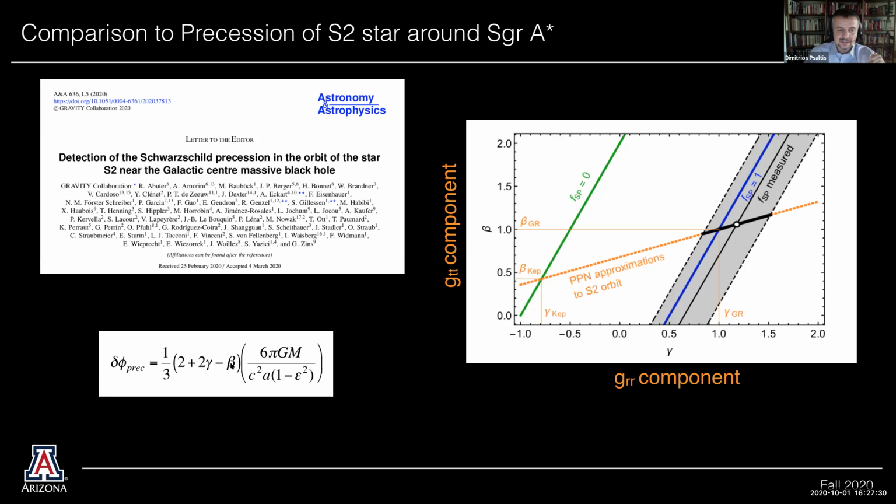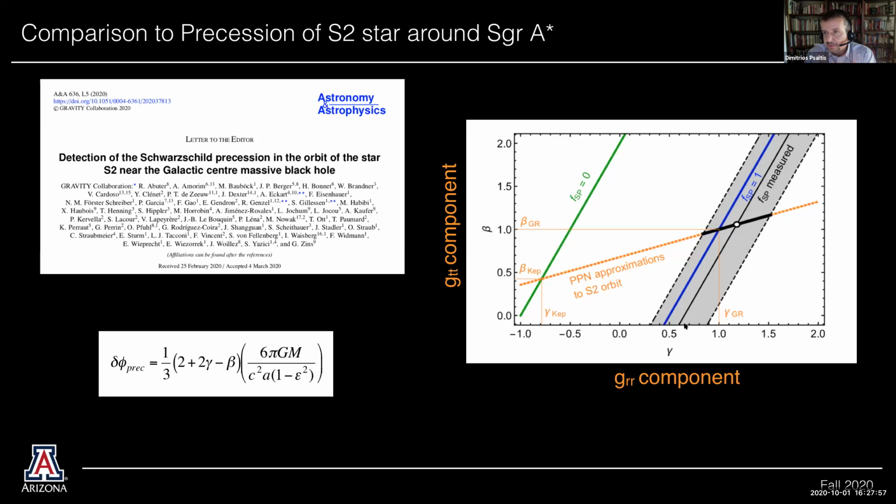Measuring the precession does not constrain one or the other parameter, it constrains a combination of them, just like what I showed you before with several of the other tests. And this is the result from the GRAVITY collaboration. The x-axis is the RR component, the y-axis is the time-time component, and the gray area is the part that is allowed. Everything outside the gray area is inconsistent with the predictions.